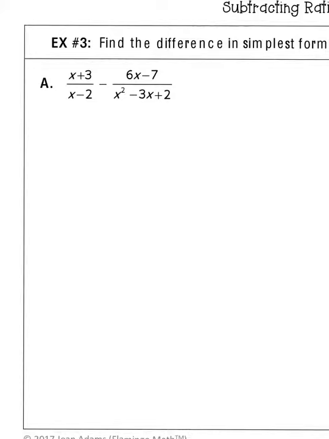So I'm going to start off by factoring. This is not factorable, but the trinomial can be factored into x minus 1, x minus 2. And so that goes away. In my LCM, my different factors would be x minus 1 and x minus 2.